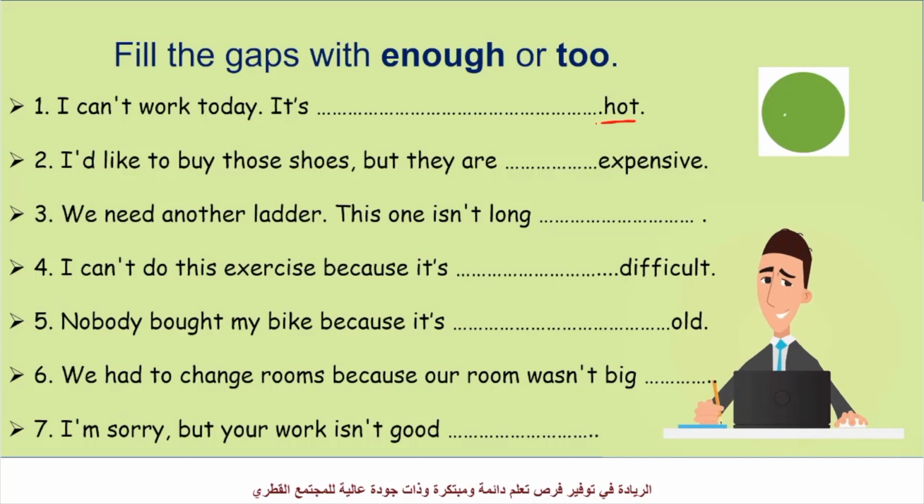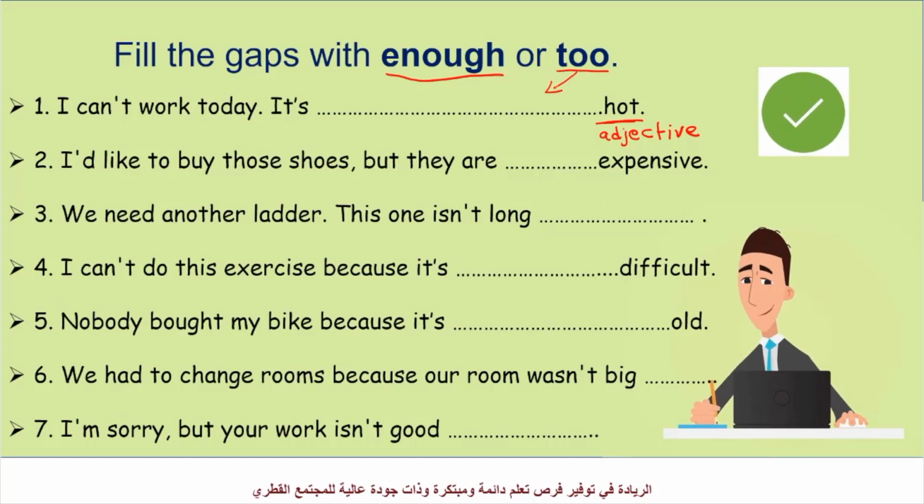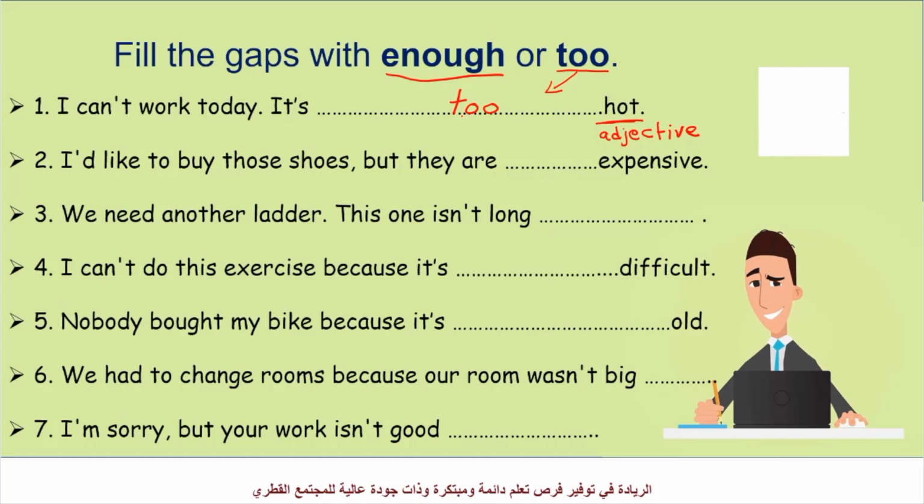Here hot is an adjective, and the blank comes before the adjective. Here we have to use too or enough. Too comes before the adjective, enough comes after the adjective. So we have to write too. So the sentence will be, I can't work today, it's too hot.